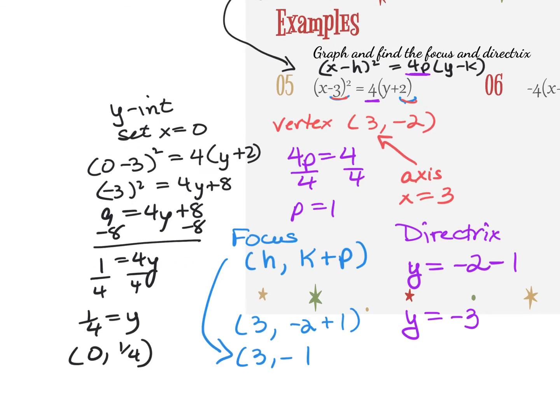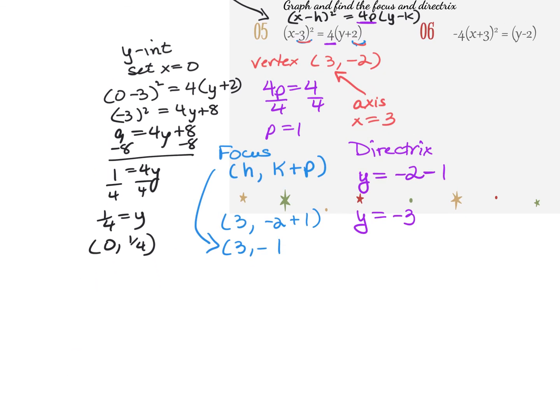So now let me graph this. I'm going to go ahead and graph my vertex. Remember, my vertex was at (3, -2). 1, 2, 3. So my vertex is right here. My focus point is the ordered pair (3, -1).